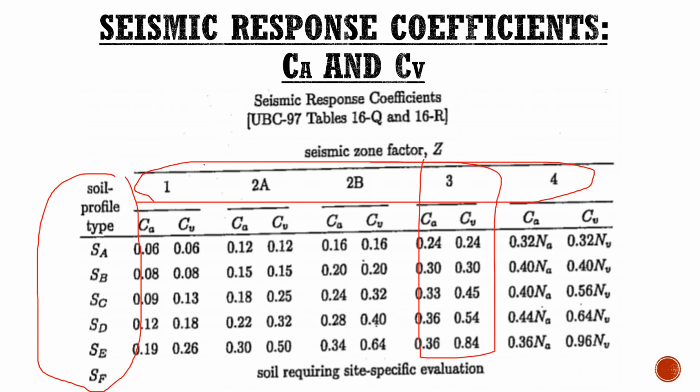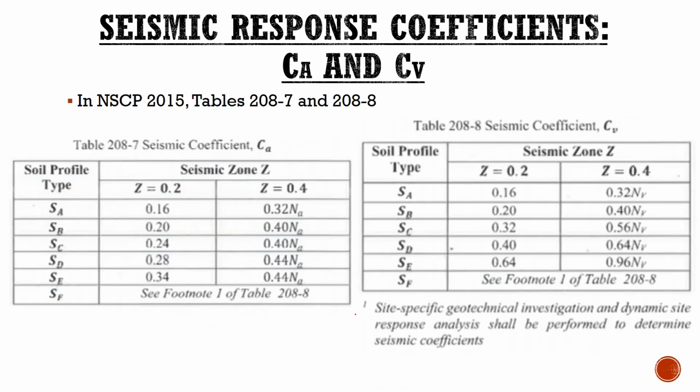Kaning 3 kay wala man toy 2A o 2B. So dito ta sa NSCP guys. Okay? So sa NSCP 2015 Table 208-7, so mo na yung table for CA. So kailangan natay soil profile type. Then napunta ato seismic zone nato.